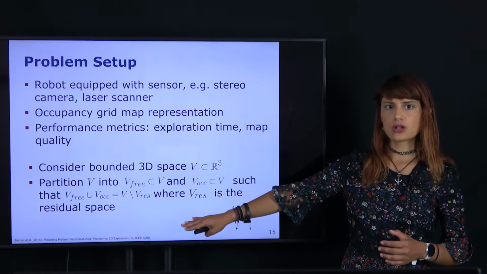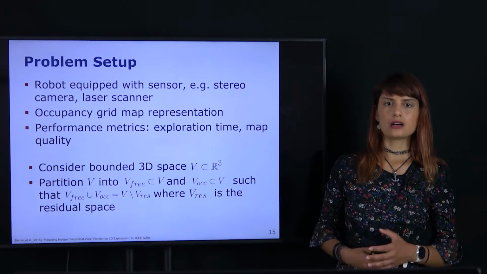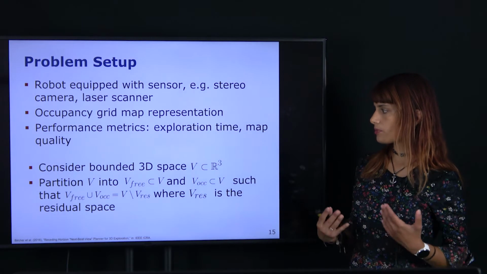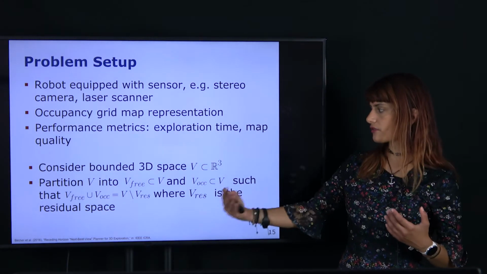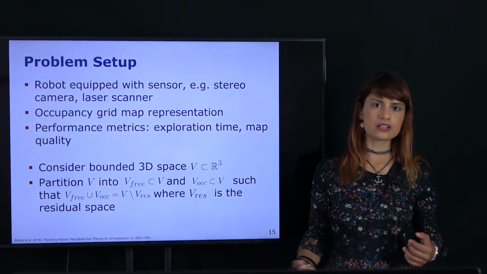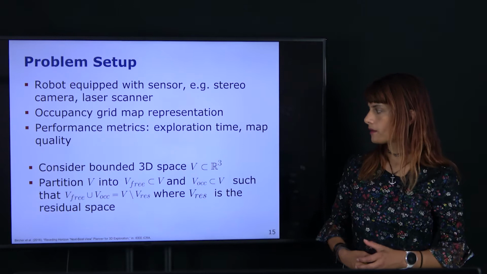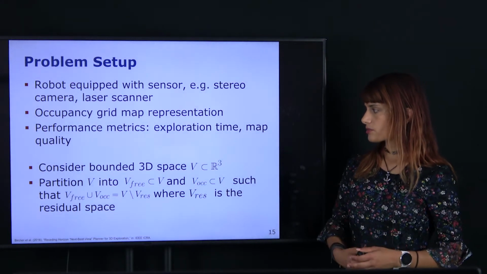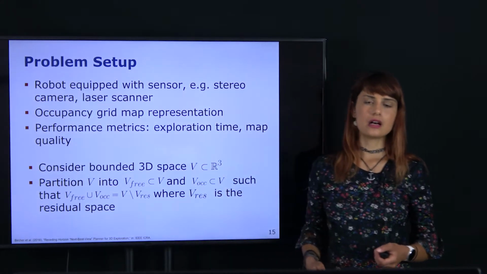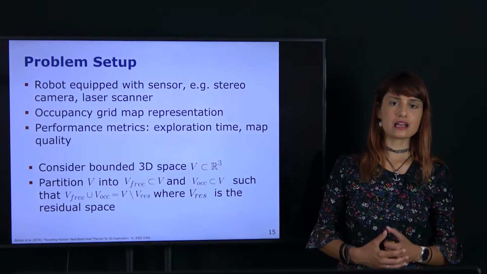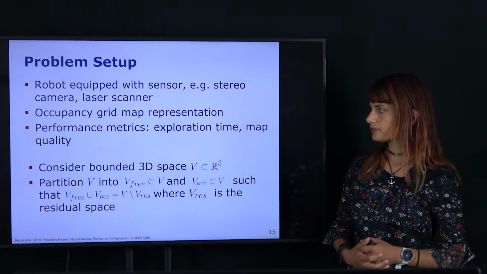And the residual volume is the space that the robot physically cannot see, no matter which pose it positions its sensor at, because this is the volume associated with narrow pockets or surfaces that cannot be inspected. So in the exploration problem, when the robot has uncovered all the free and occupied space, then we consider the task to be complete, and this is our ultimate aim.